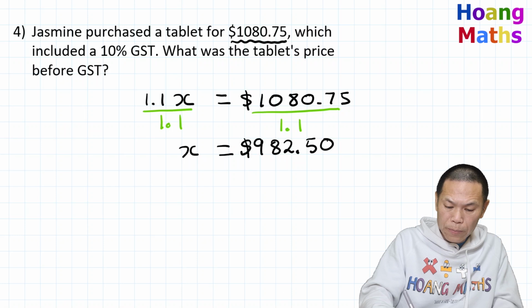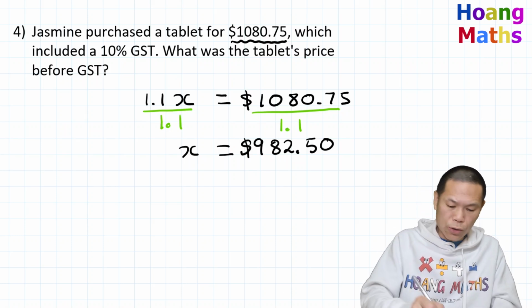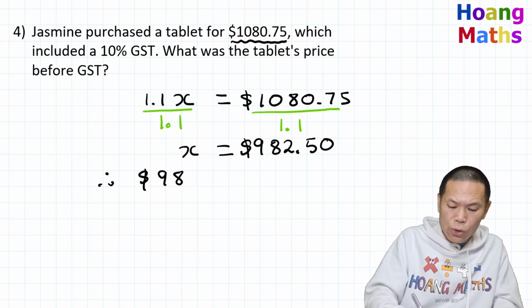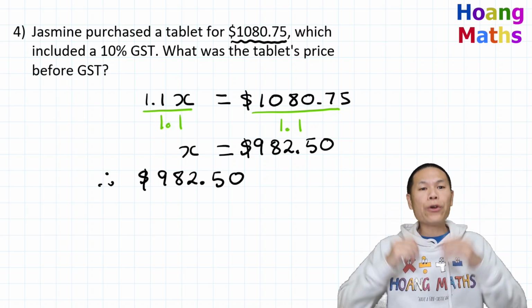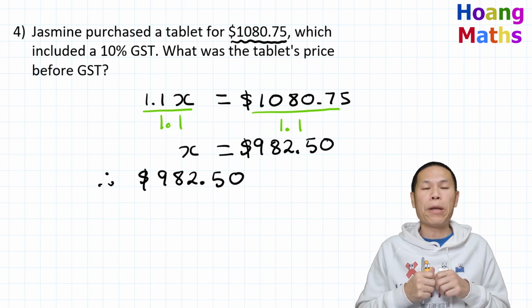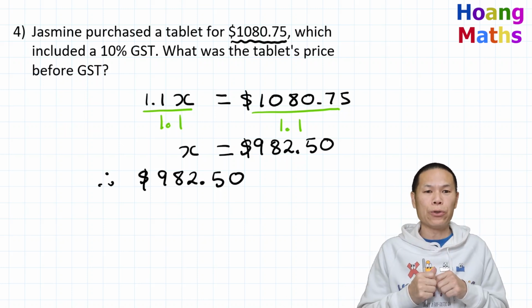Therefore, the price before GST was $982.50. I hope you got it correct. Please write down in the comments below and tell me what method you used.